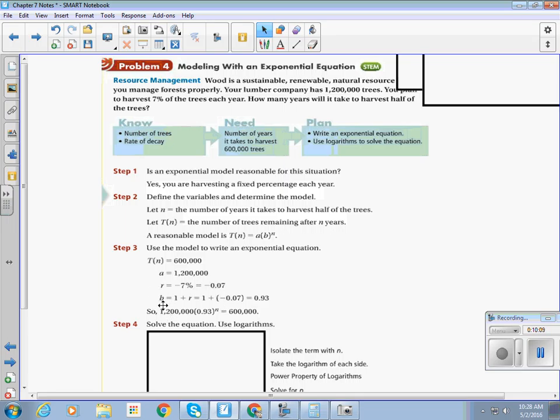So our B value is 1 minus 0.07, or 0.93. I think of it like this: your decay value, your B, should be what you're left with after you eliminate your 7%. So if I'm getting rid of 7%, I'm left with 93%.